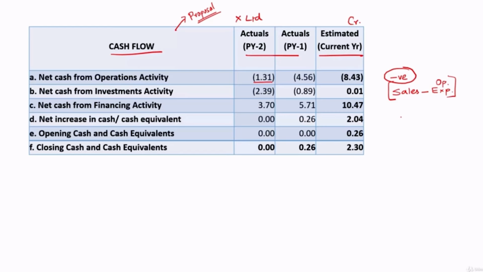And it is bound to happen, especially in new companies, because in the initial stages they'll be suffering losses. Then they will reach their break-even point, and only after that they'll start making profits. So those companies will be having negative cash flows from operations. Number one.